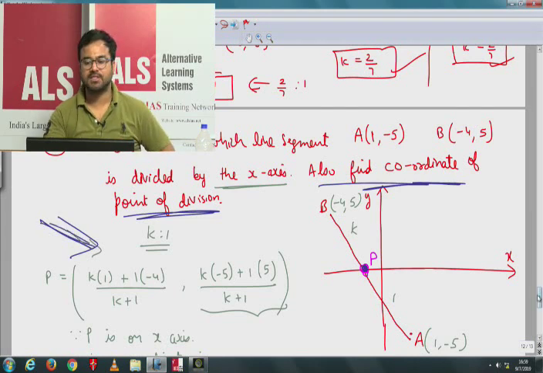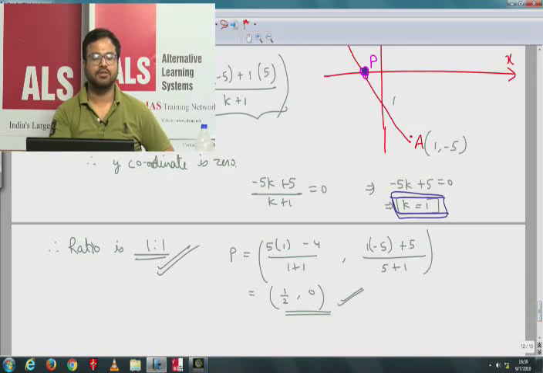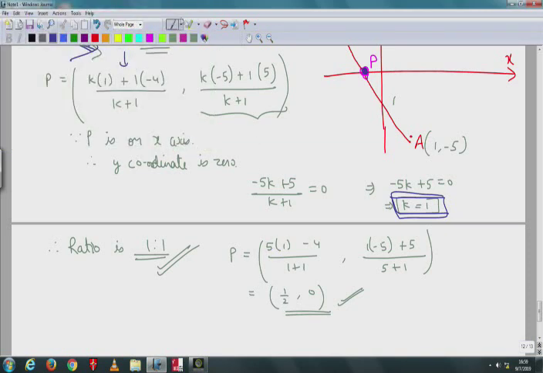So after getting the value of k as 1, we just have to substitute it in the function. So in place of k, I substitute 1. This is 1 minus 4, which is minus 3 over 2.